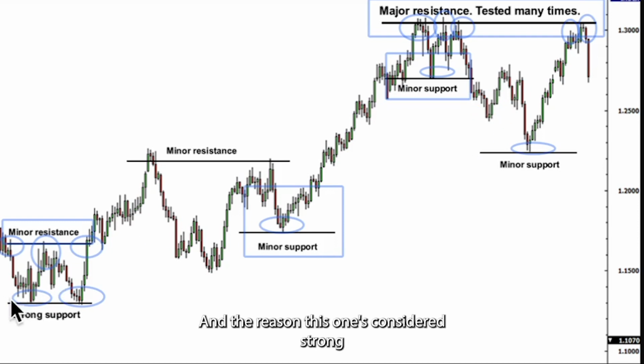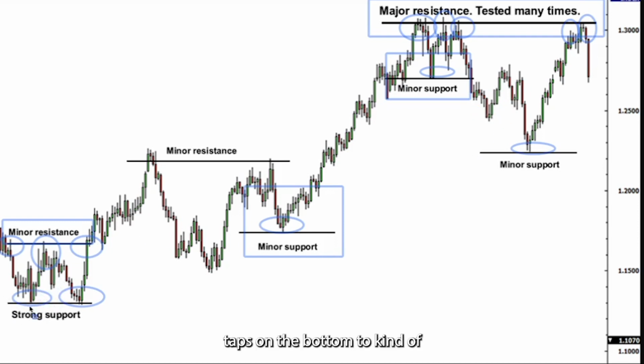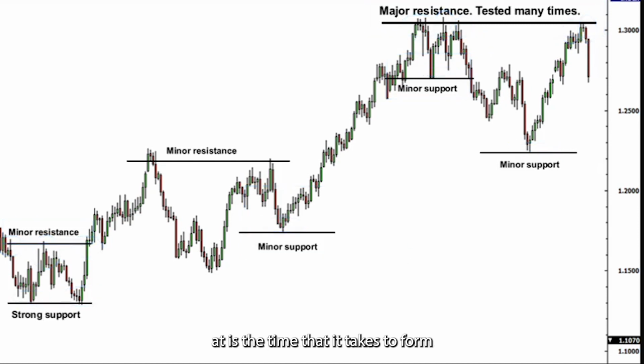The reason this one's considered strong is because it has multiple taps on the bottom to truly support us on that bottoming. So definitely one thing to take a look at is the time that it takes to form these major resistances and major supports, plus the amount of taps that it takes to actually break or hold those potential zones.